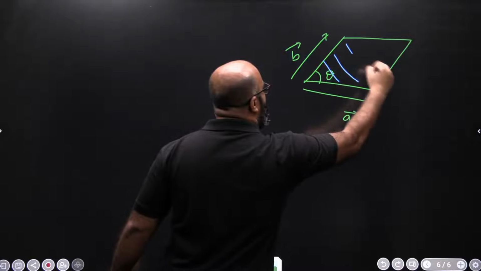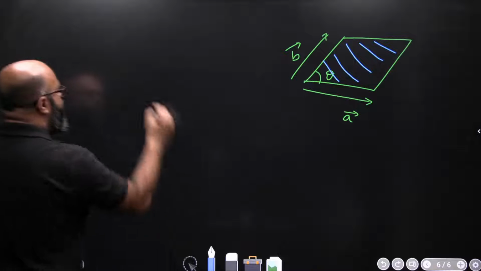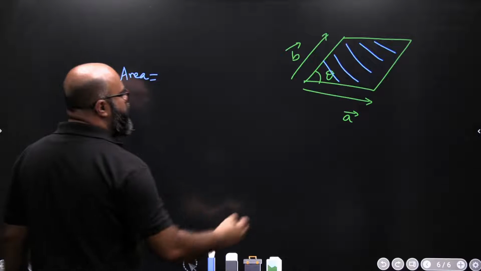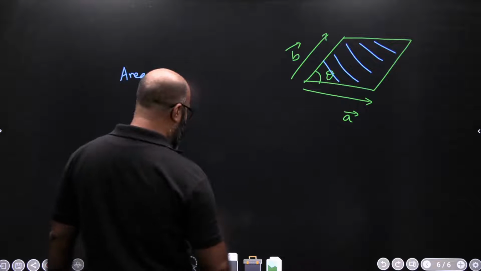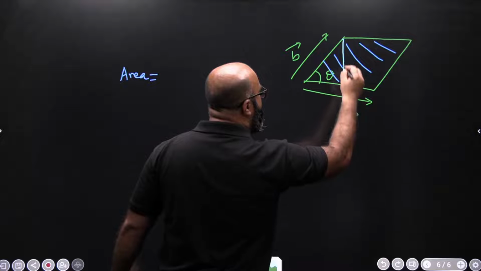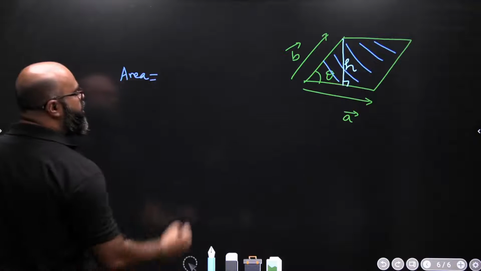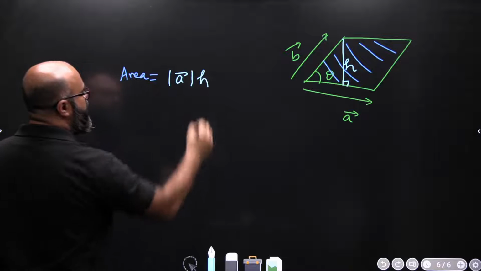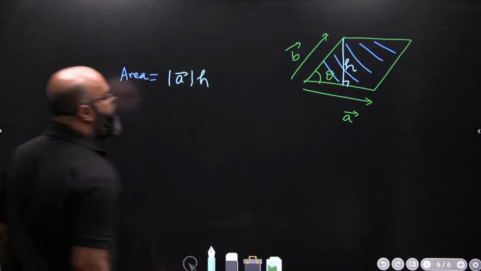How do you find the area? Area of a parallelogram is base into height. So what is its height? Geometrically, this perpendicular is the height h. So base into height is magnitude of A into h. The base has length magnitude of A.